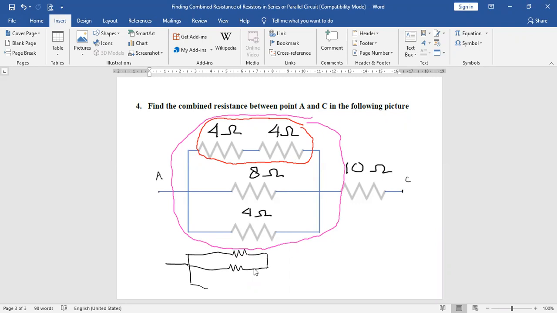So this one, 4 ohm and 4 ohm on the top, are in series, which means if I combine them, they will be 8 ohm. The same for this one, 8 ohm. And this one is also the same, 4 ohm, while this one is 10 ohm.